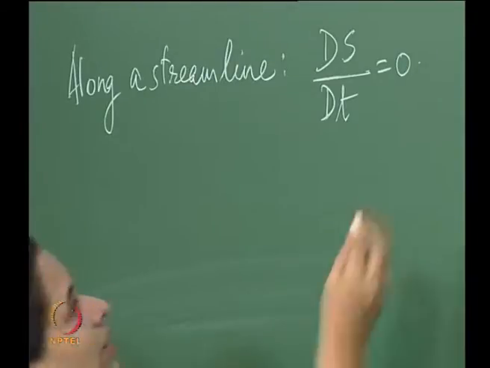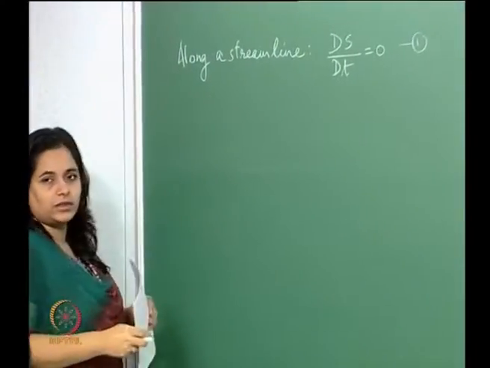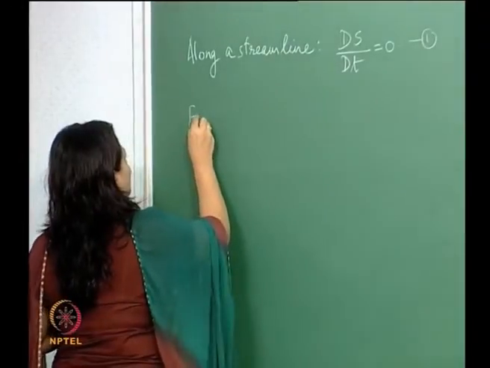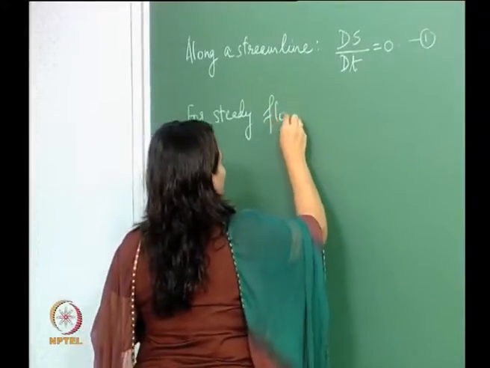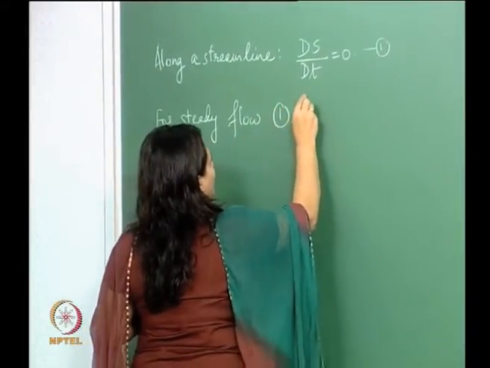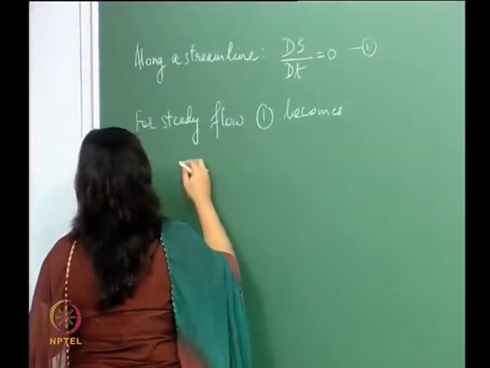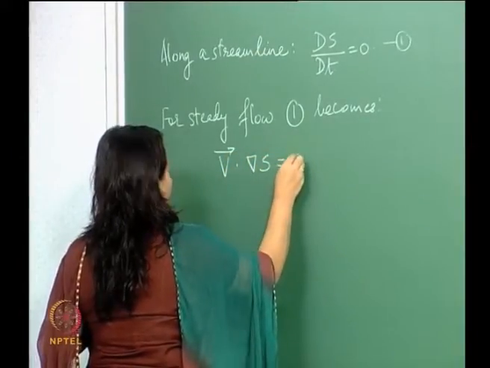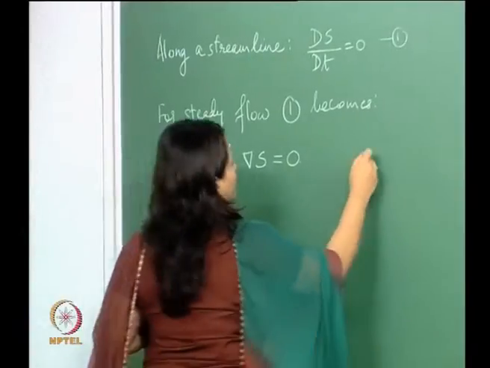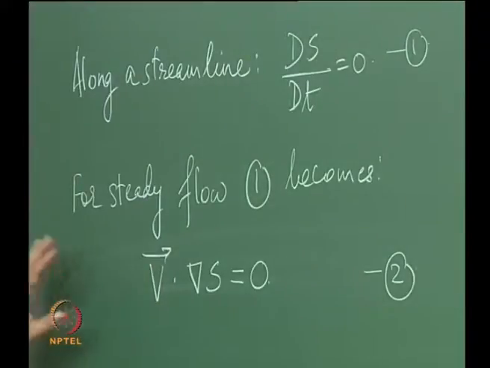Let's call this 1, and for the steady case, steady flow, we get from 1 just the convective part. So, for the steady case it boils down to this.